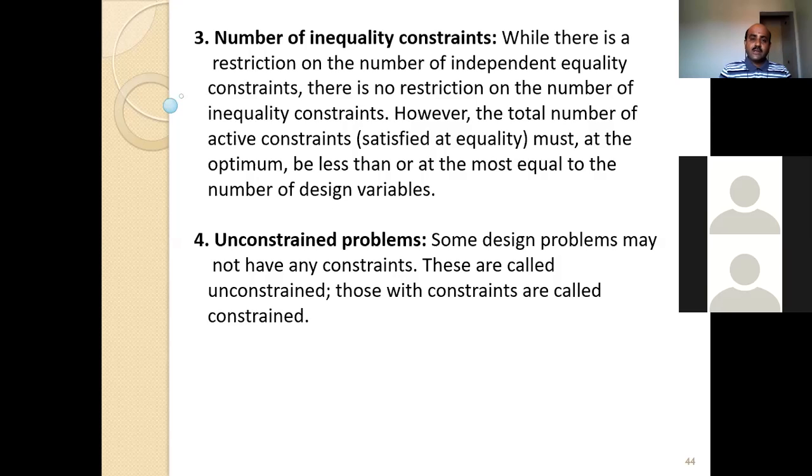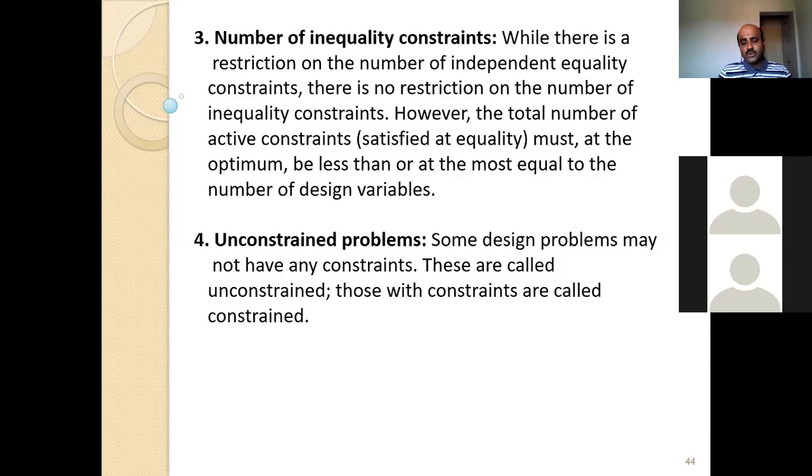So in the standard optimization model, apart from the equality constraints, we also indicated the inequality constraints. But in optimization problems, we don't have any restrictions on the number of inequality constraints.